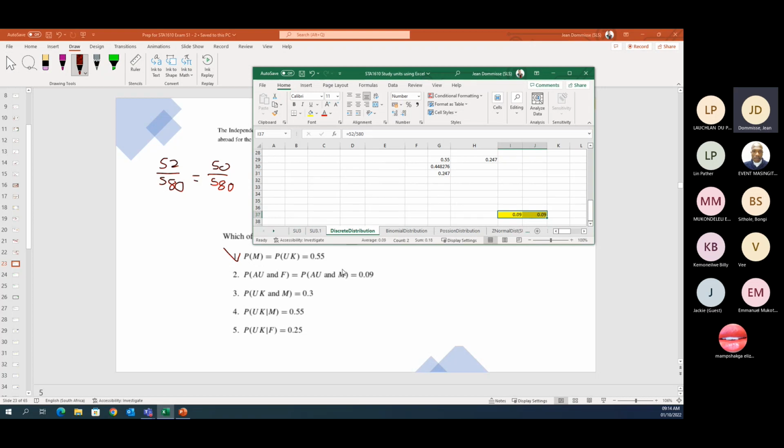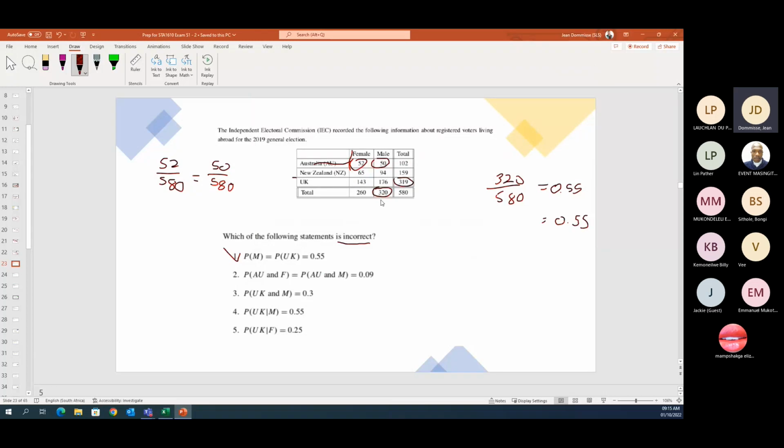So let the decimals please guide you in how you need to work it out, because theoretically, yes, they are also not the same, but when you go down to the decimal level, then it becomes a similar number.